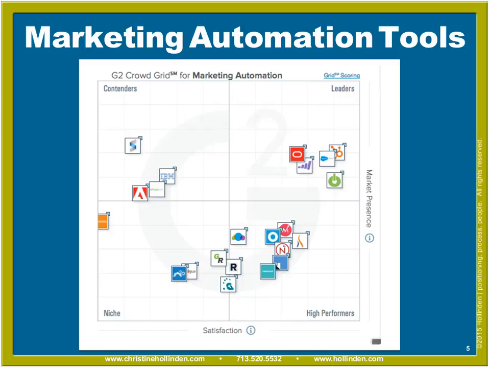Some of the marketing automation tools that are out there are displayed on this G2 Crowd grid for marketing automation. And they measure this in terms of market presence on the right axes and satisfaction ratings that they're getting. Virtually every marketing automation tool provides three core capabilities, and that is email marketing, website visitor tracking or website analytics, and a database.